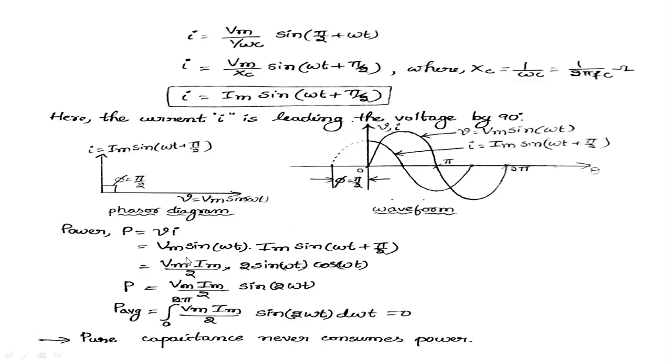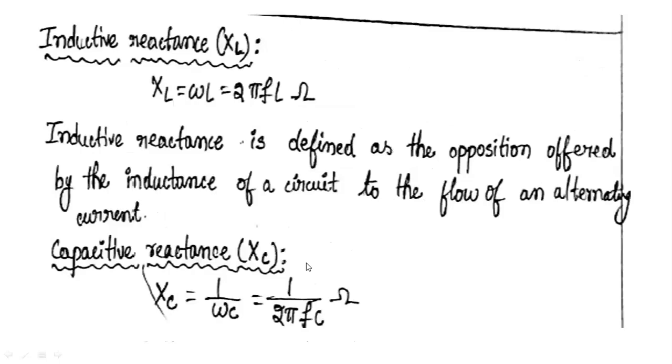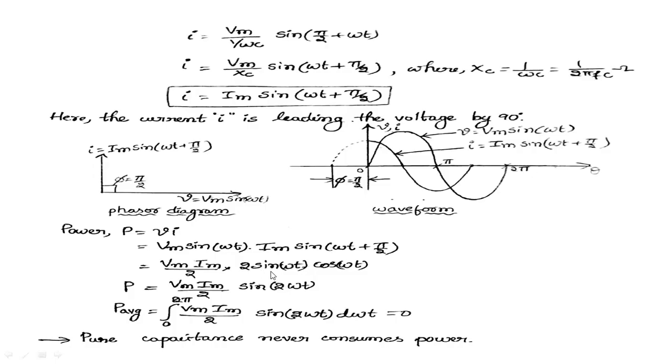Simplifying, we get Vm Im by 2 into 2 sin omega t cos omega t, since sin of 90 plus theta is cos theta. Then power p equals Vm Im by 2 times sin 2 omega t, because 2 sin theta cos theta is sin 2 theta.